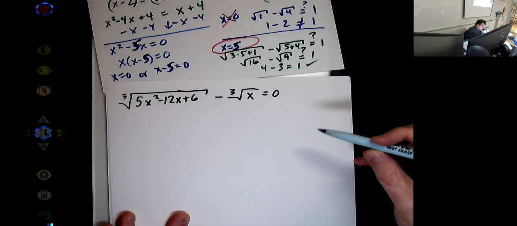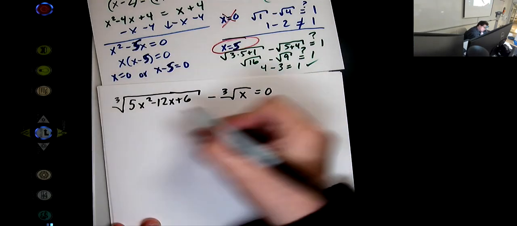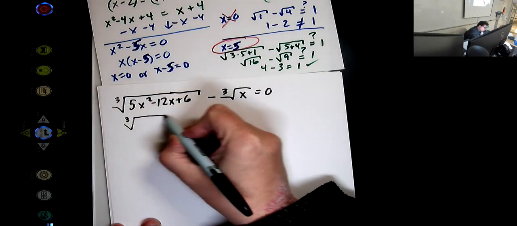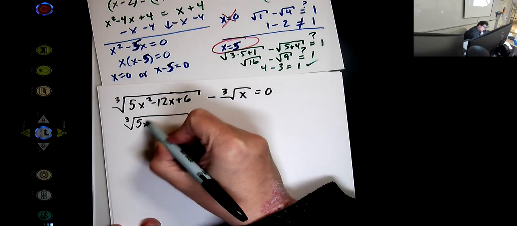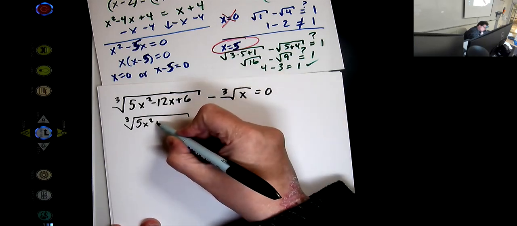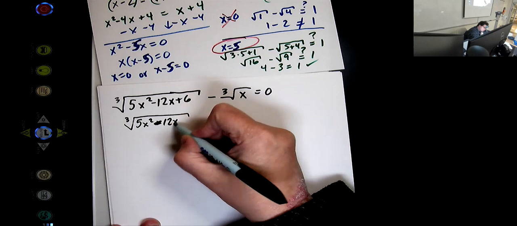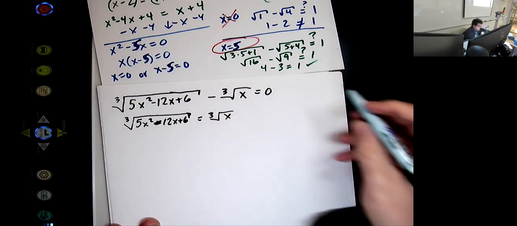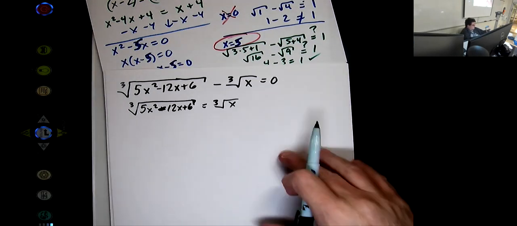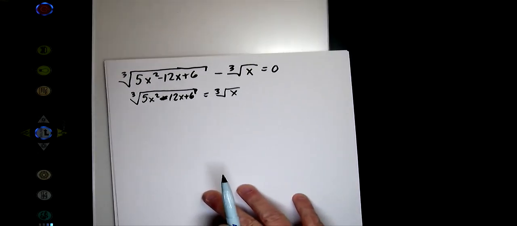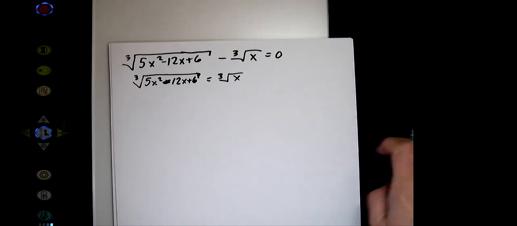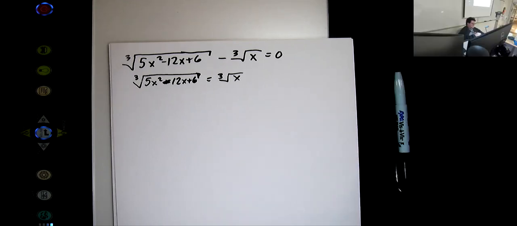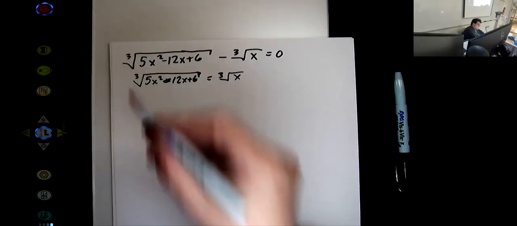Well, here I can move it to the other side, right? I can add this cube root of x to both sides. And then instead of squaring them, you can cube them. Correct. Instead of squaring it, we're going to cube it.